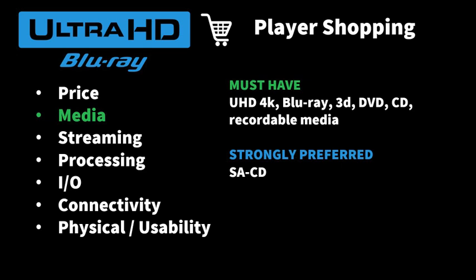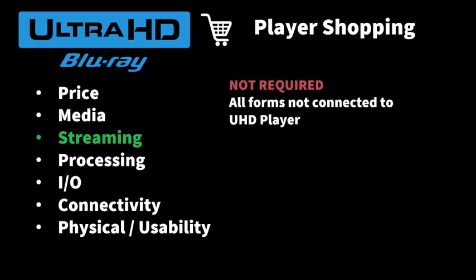We strongly prefer to have support for Super Audio SACD. For streaming of all forms, video, audio, or local media servers, this was not a requirement. While I will stream, I do not plan on using an ultra-high definition player as the point of connection.